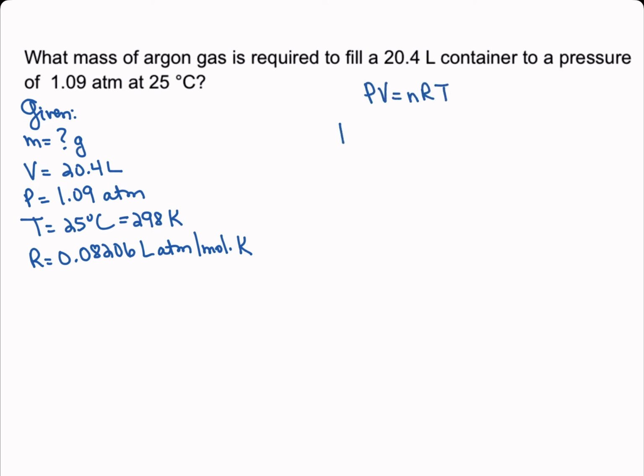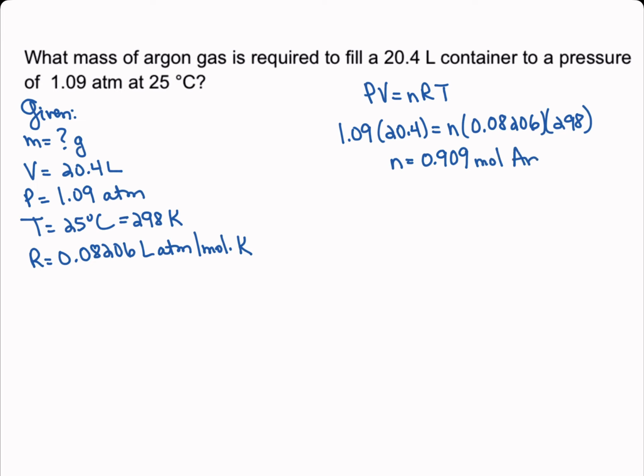I'm going to plug in the numbers I do have, and I'm going to solve for n. n equals 0.909, and I'm going to write out the whole unit, 0.909 moles of argon.